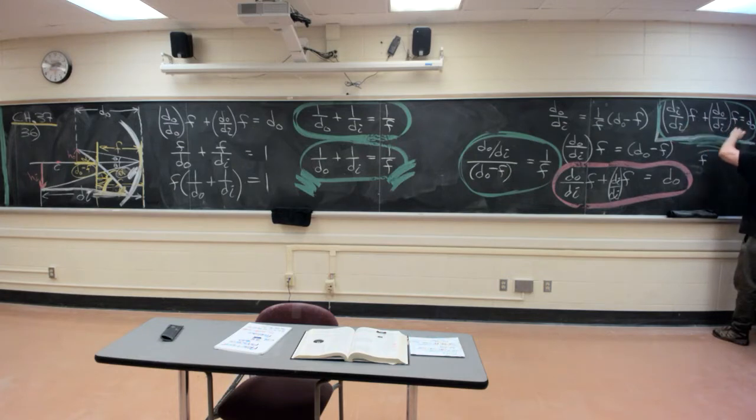You take an F out of there, you do the reverse of distribution. You factor out an F out of there. You got a DI right here, DI on the bottom, and you got DI plus DO right here, and all of that is equal to DO.